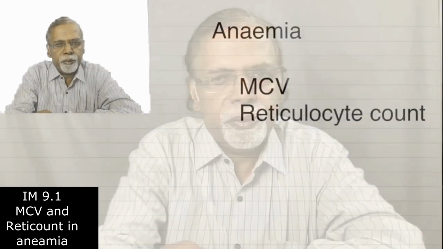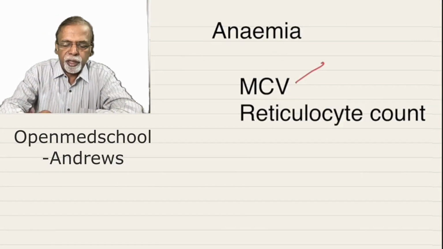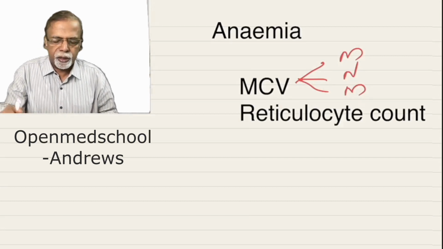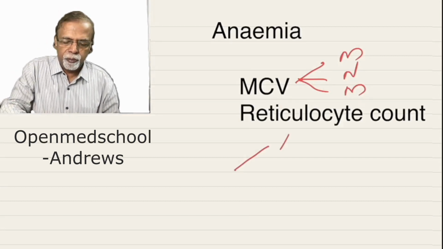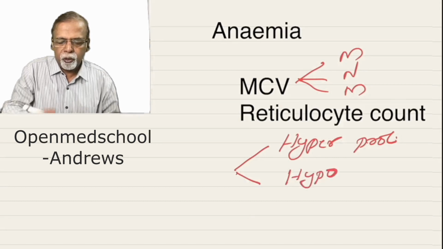So let us recap. Depending upon the MCV, divide the anemia into microcytic, normocytic, and macrocytic. Depending upon the reticulocyte count, you divide into hyperproliferative and hypoproliferative.